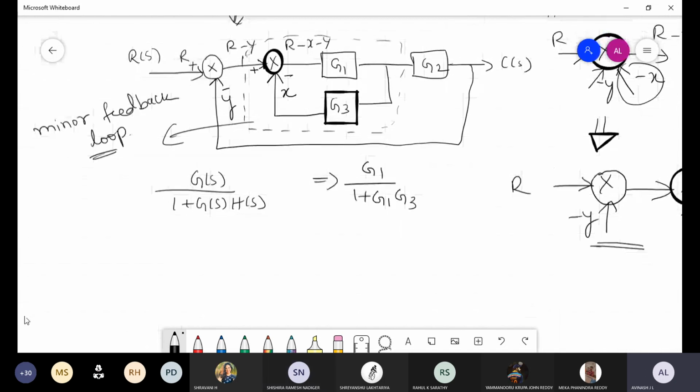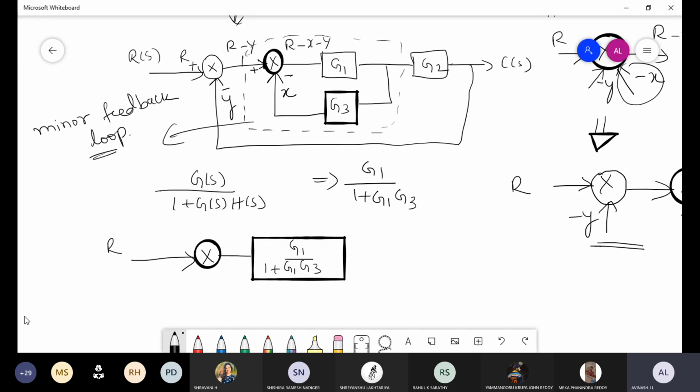Yes, sir. Now I can say the same thing. So instead of this entire feedback path, I'll write this particular value, that is G1 divided by 1 plus G1 G3, followed by the block value G2, and it is going to C of S, and there is a unity negative feedback.